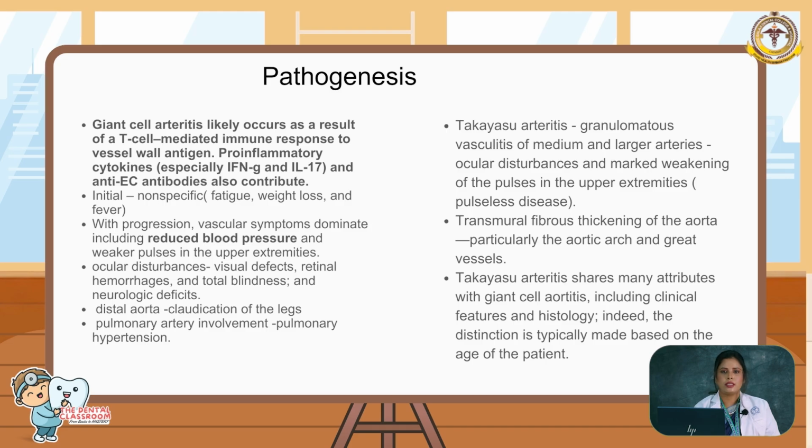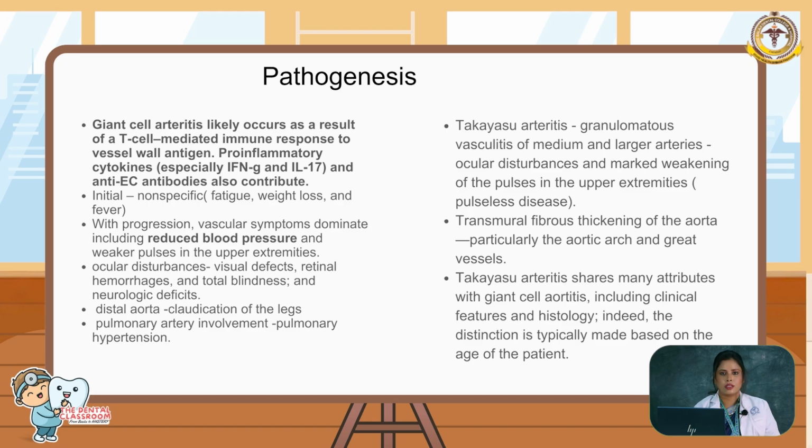So, the vessels supplying the organs present with particular symptoms, like when it involves your eye, it presents with visual defects and retinal hemorrhages. In case of extremities, when there is complete narrowing, it presents with weak pulses. When there is involvement of the distal aorta, it can present as claudication of legs.